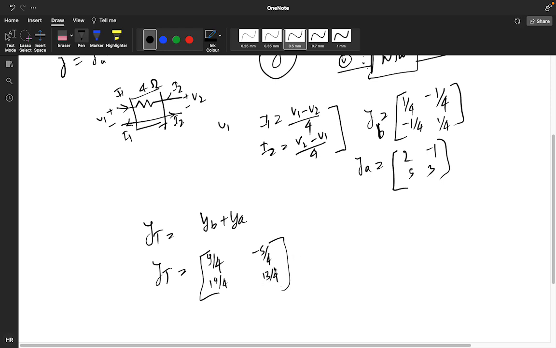Is this network reciprocal or symmetric? It is neither reciprocal nor symmetric, because this value is not matching.